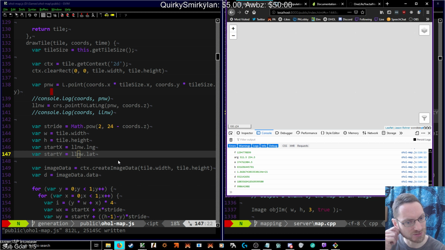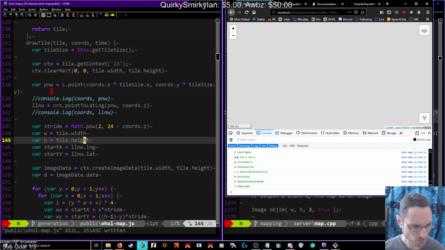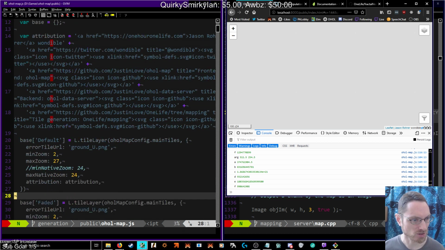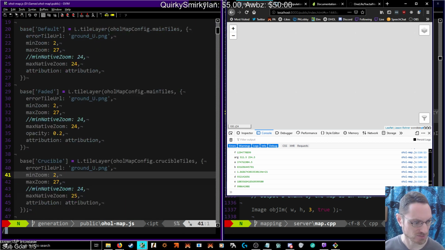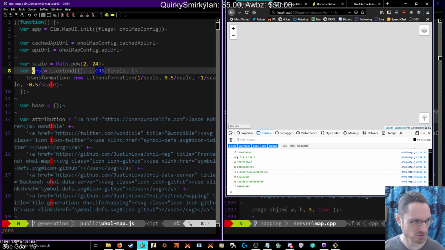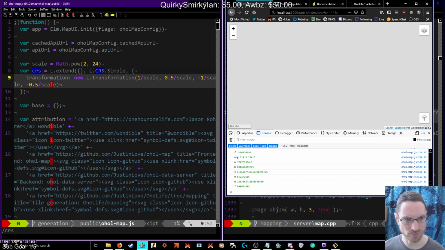Shoot. That was good for drawing points. But I need to know which way I'm offsetting these. CRS. Plus 0.5x and minus 0.5y.